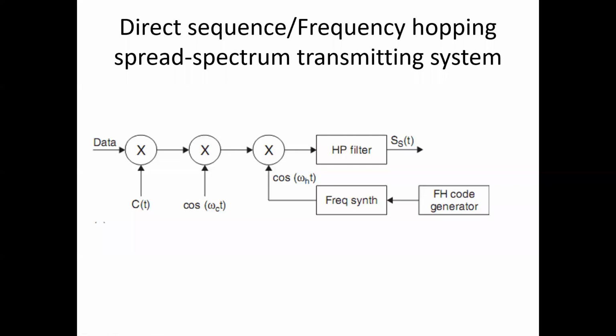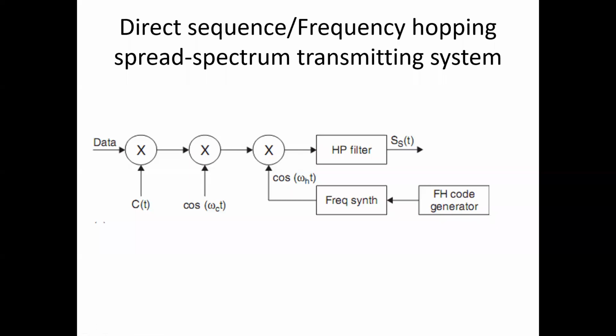Now, in the second part of this system, we have the FH code generator, frequency synthesizer, then we have cosine omega h t, or delta f, the same meaning. Multiplying cosine omega c t by cosine omega h t shifts the carrier frequency so it becomes omega c plus omega h.